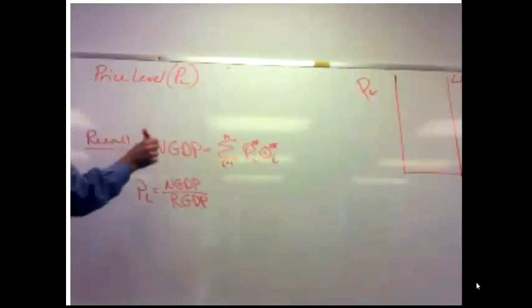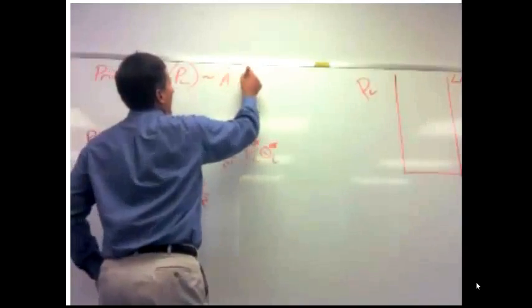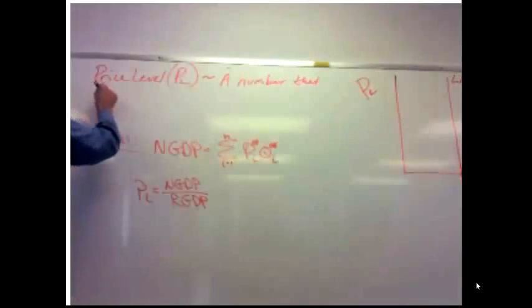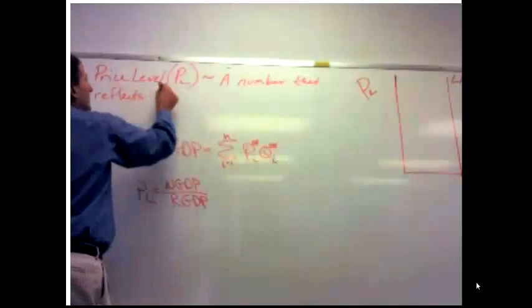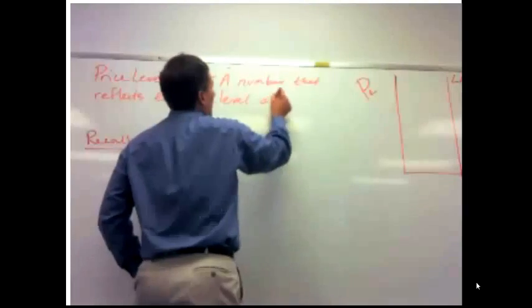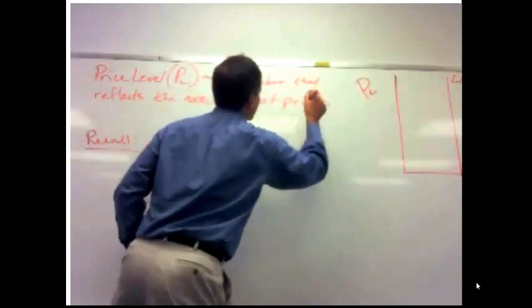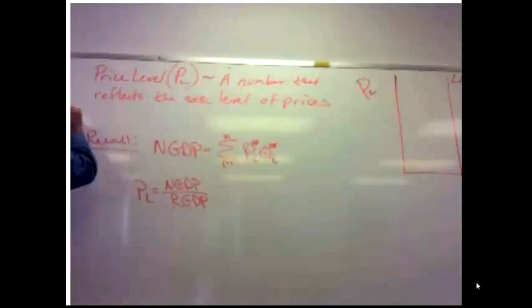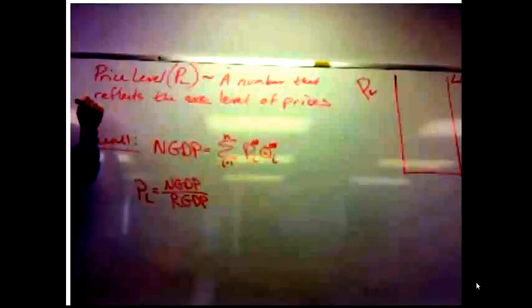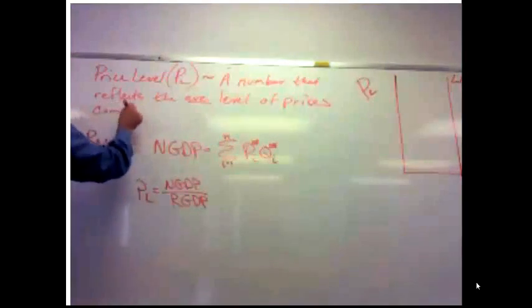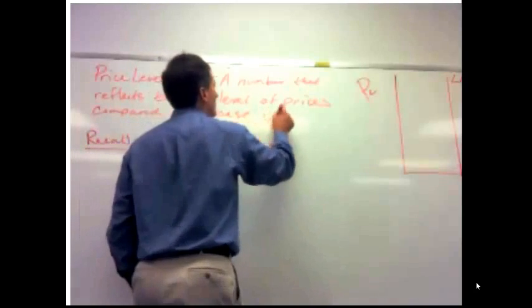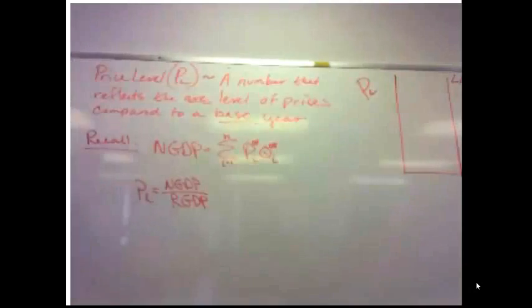So the price level is a number that reflects the average level of prices compared to a base year.